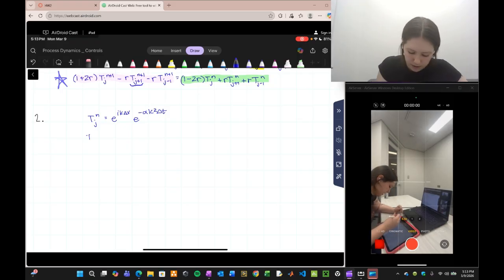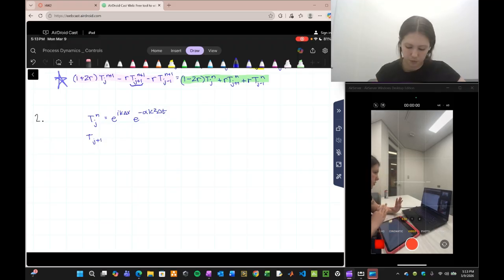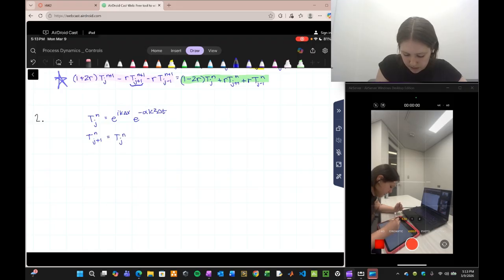And so we set T of j plus 1, the section to the right at time n, equal to T sub j of n multiplied by e to the power of I k delta x.